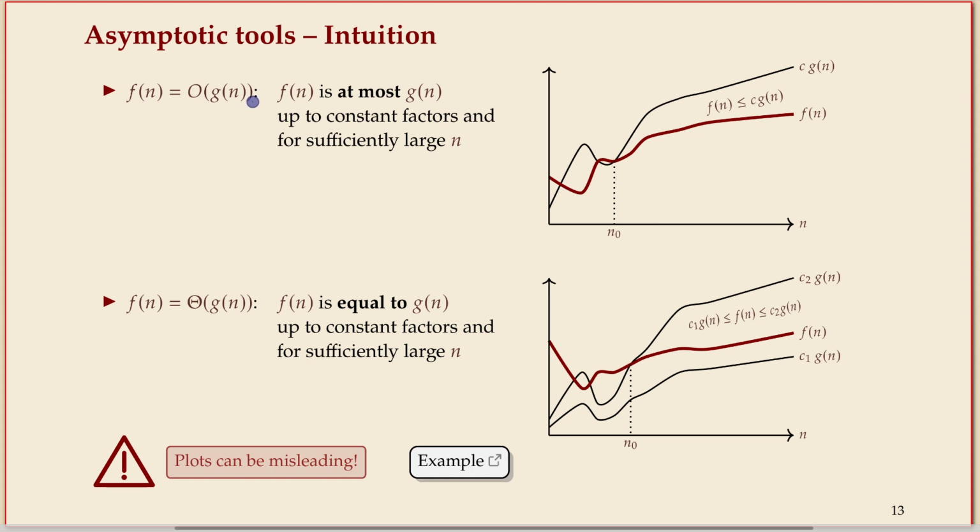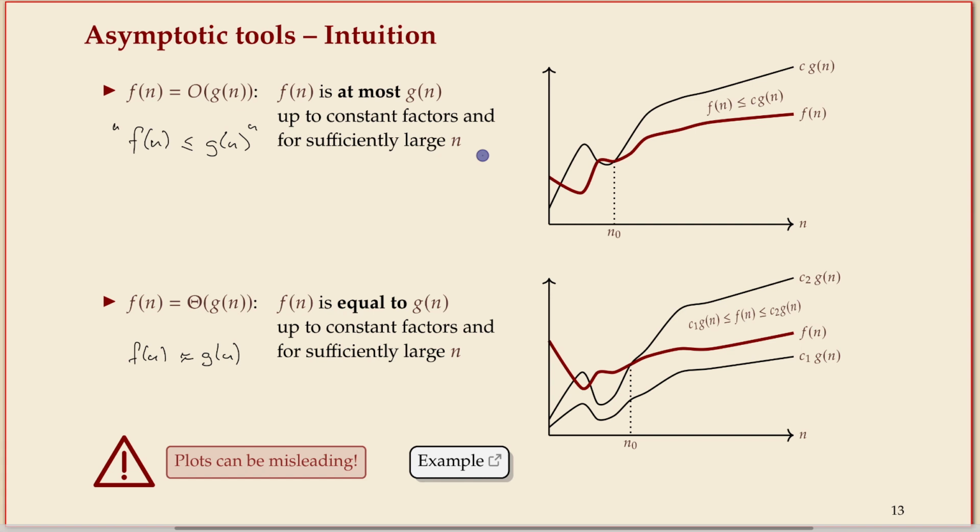F is O of g is essentially the same as a version of f is less than g. And theta would be something like similar or equal. And omega would be greater equal. But f is less than g up to constant factors and for sufficiently large n.